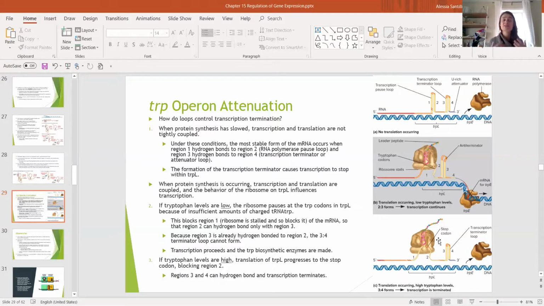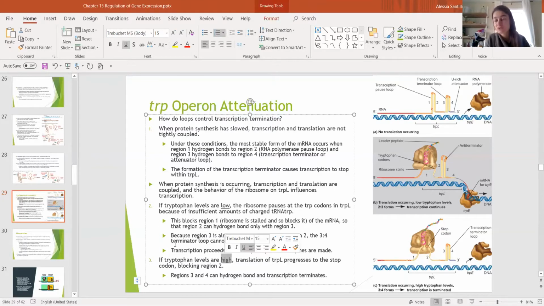It's going to destabilize that initiation transcription complex, and RNA polymerase falls off. This again makes sense because we want RNA polymerase to fall off because we don't want it to go ahead and transcribe and make those enzymes that make tryptophan when we already have a high amount of tryptophan in the first place.